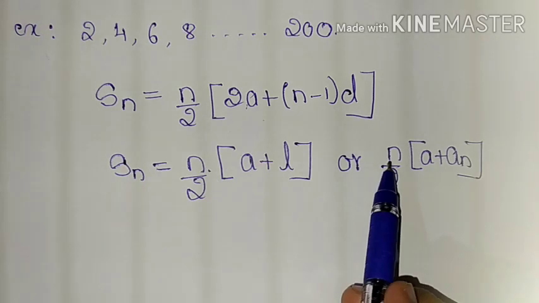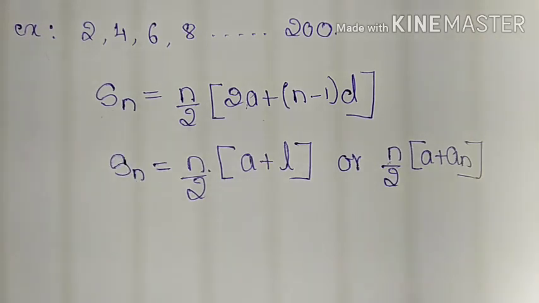All the three formulas, that is Sn is equal to n by 2 into 2a plus n minus 1 into d, or Sn is equal to n by 2 of a plus l, or n by 2 into a plus an, give the sum of first n terms of any given arithmetic progression.